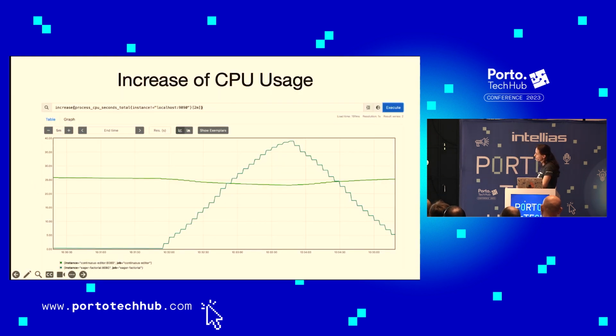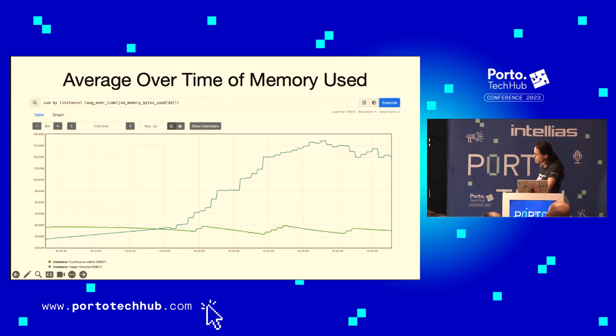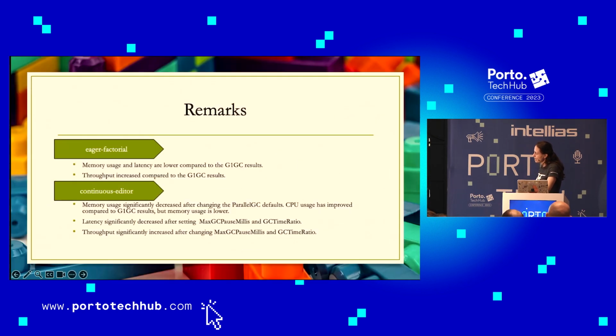Okay, so now from the CPU usage and the memory used, I could see that for the one that is doing mathematical calculations, memory usage was lower, but for the other one, memory usage was significantly decreased after changing the defaults of parallel GC.